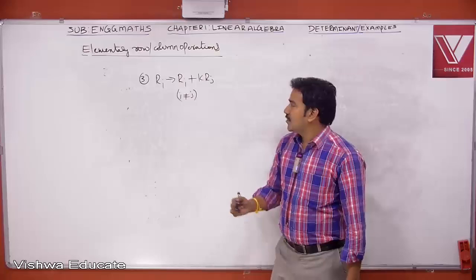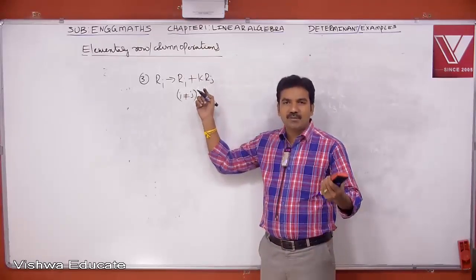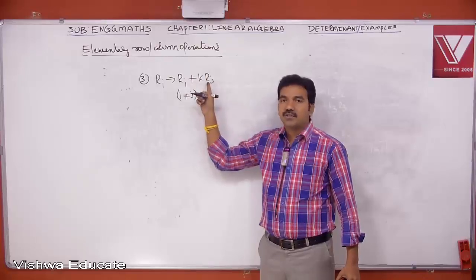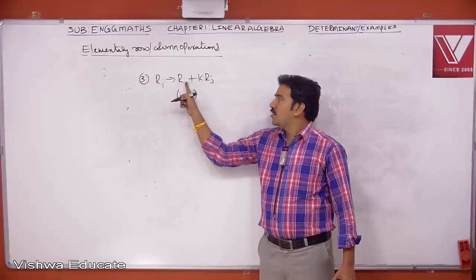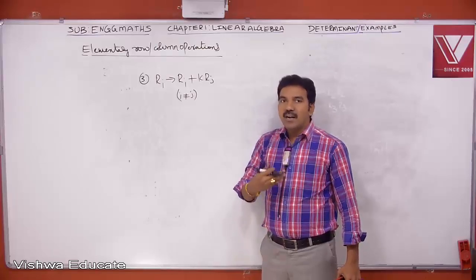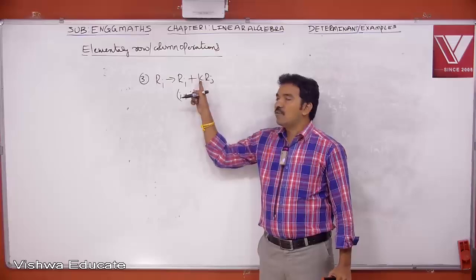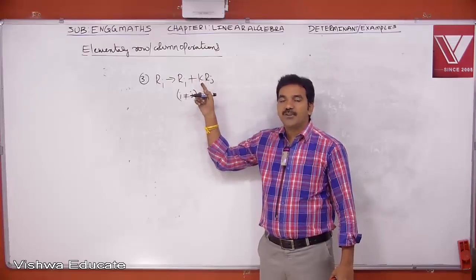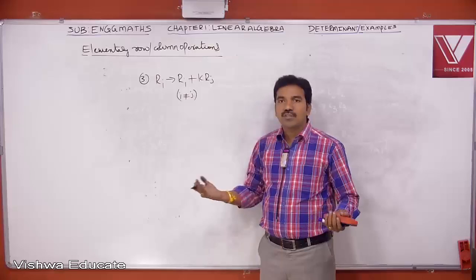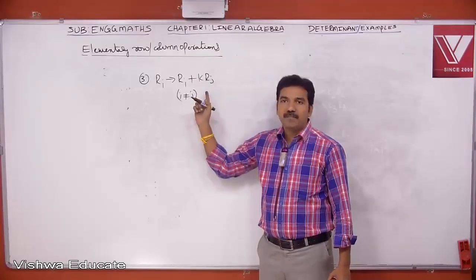One simple observation: the ith row is not the same as the jth row. That means the current row is equal to the current row plus some constant into another row. So K can be any constant. Suppose I take K value 0, that means ith row equal to ith row, no changes in the row, therefore no changes in the det value. So when K equal to 0, no change in det value.